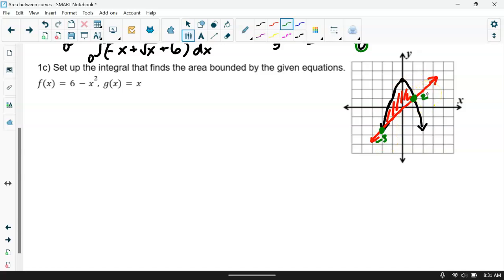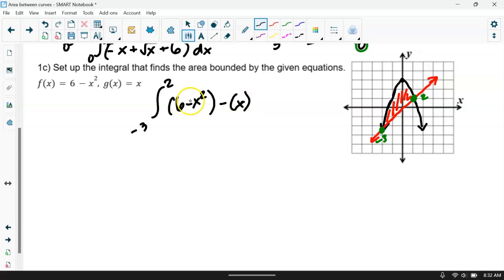Pause the video, set up the integral, and overall combining, simplifying to see what we're going to find the integral of, to calculate the area bounded by our two functions. And here we go. So here you are setting up, we're talking about from -3 to 2 of 6 minus x squared minus x, right?